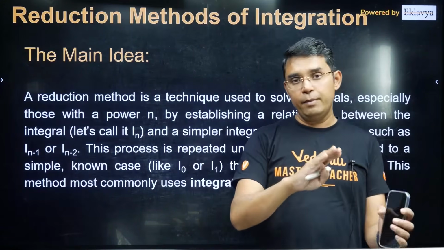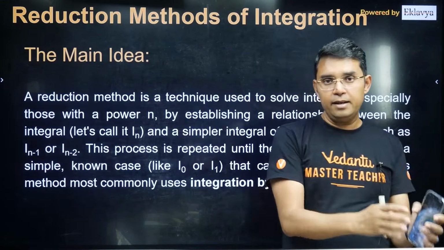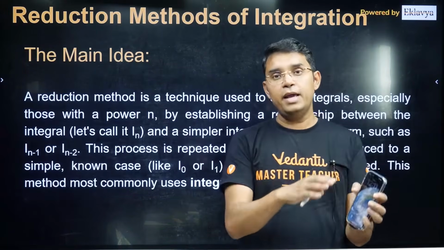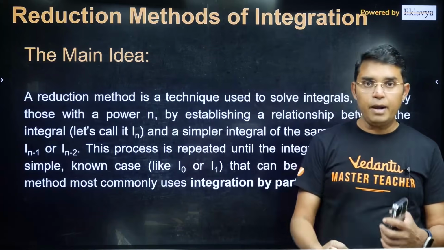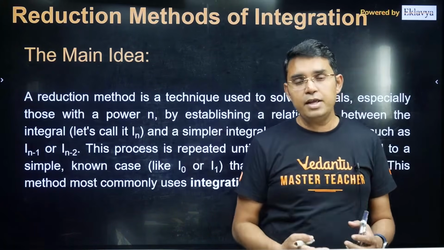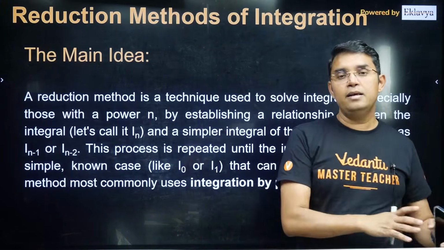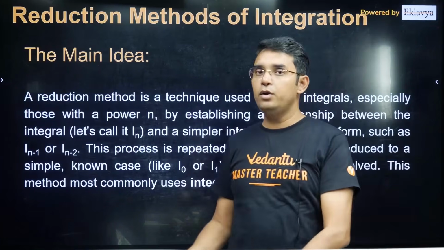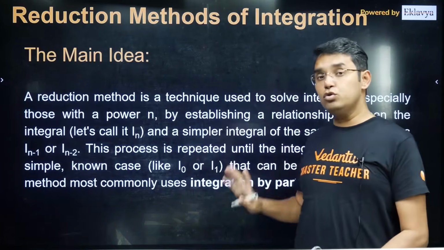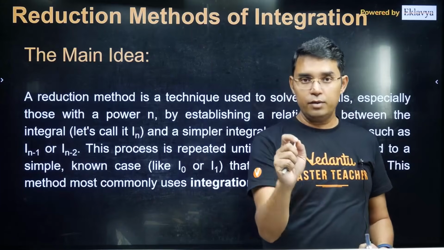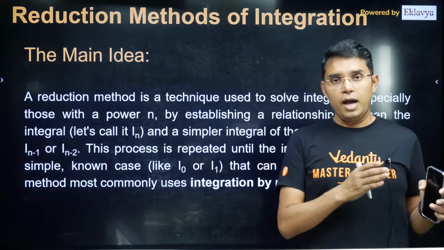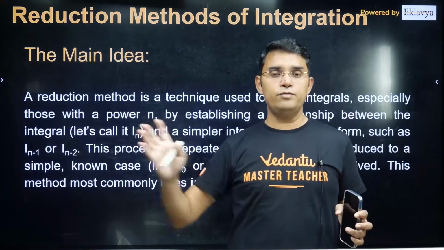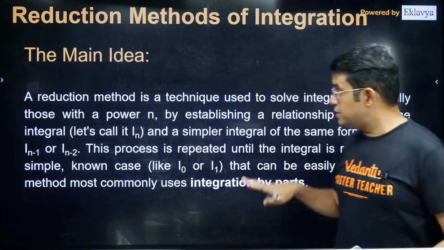So you will be able to reduce that integral from n to n minus 1 or n minus 2, and that same idea you will be repeating recursively to get your I_n finally in terms of I_1 or I_0. For n equal to 0 or 1, if you know that value, I think we are done. We can find I_n finally in terms of the known values. So this is the idea.